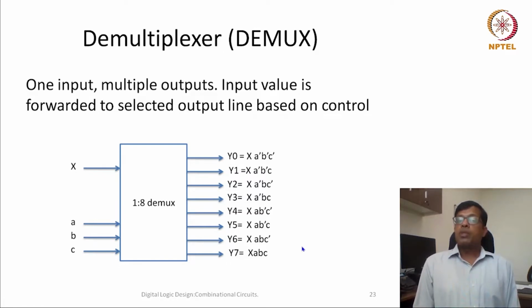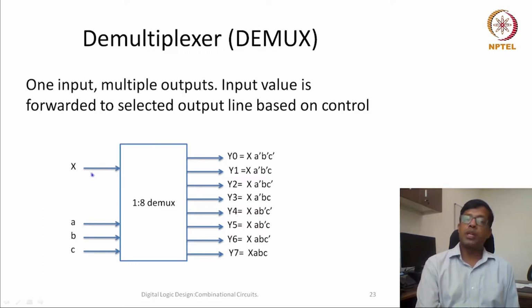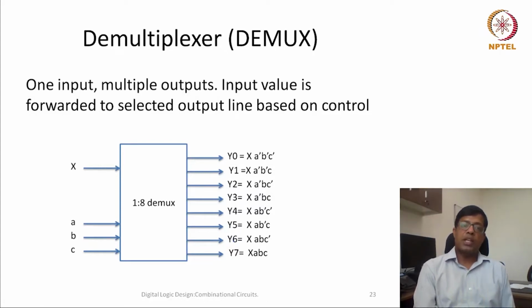Similar to a multiplexer, this is a one-bit 1 to 8 demultiplexer, but the input size is a single bit. Similar to a multiplexer, all these inputs and outputs could be buses, so there could be multiple bits present here. In terms of implementation, this means multiple copies of this 1 to 8 demultiplexer.